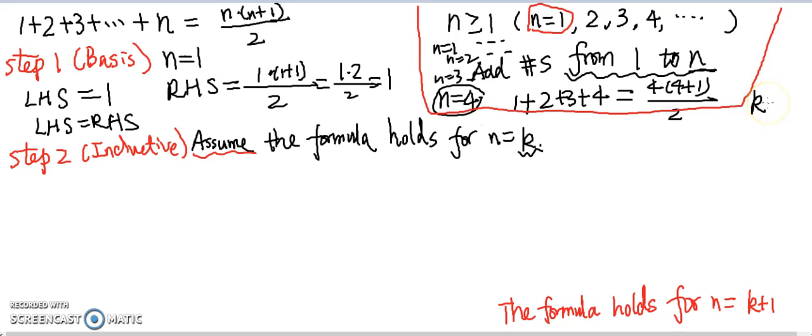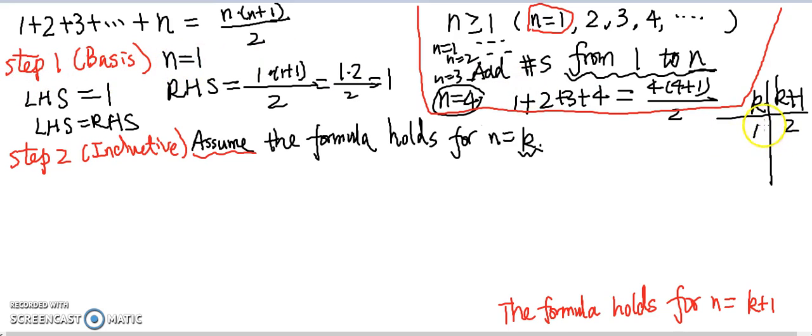So if we can prove the formula holds for k, which is 1, and then the formula holds for 2, is the formula true for n equal to 1? Yes, we already proved it in the basis step.